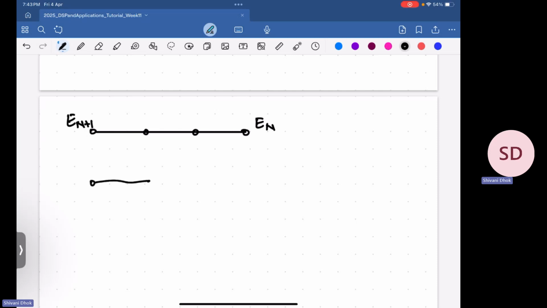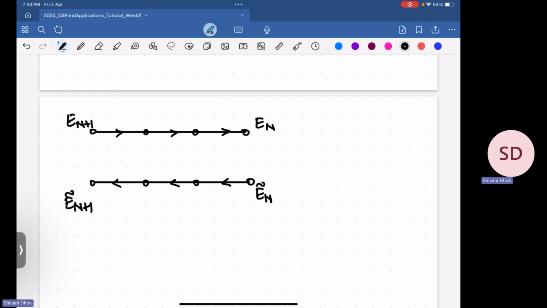Then we have like this. We have En tilde here, and we have En plus 1 tilde here. And this is the flow, and this is the flow here in the bottom line.